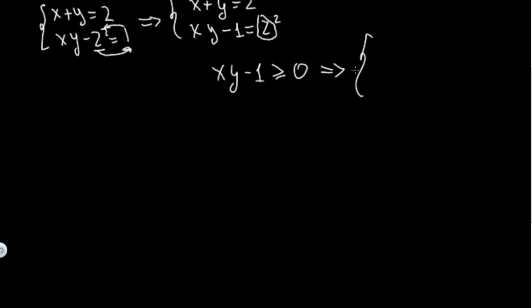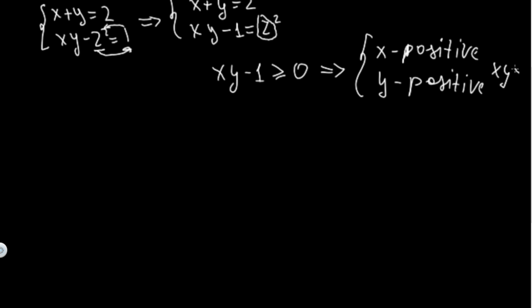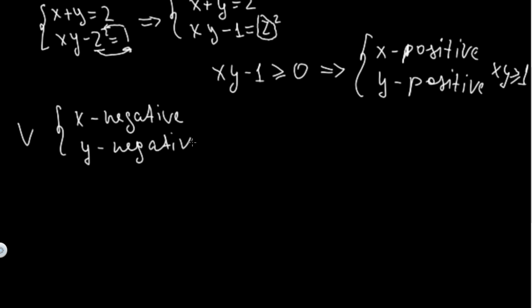We need to take x positive and y positive, such that x times y is more or equal 1, or x negative and y negative, such that x times y is more or equal 1.